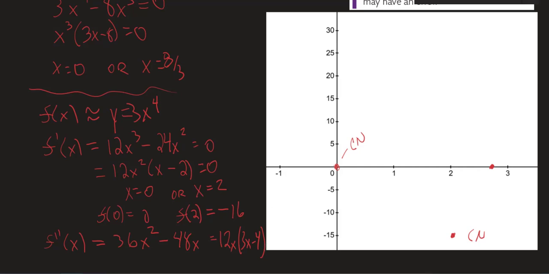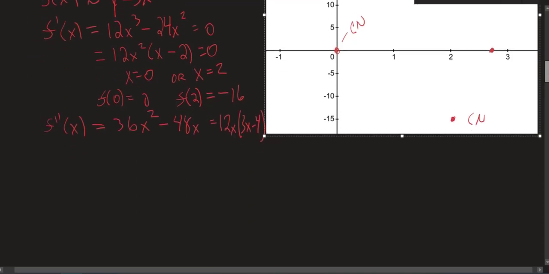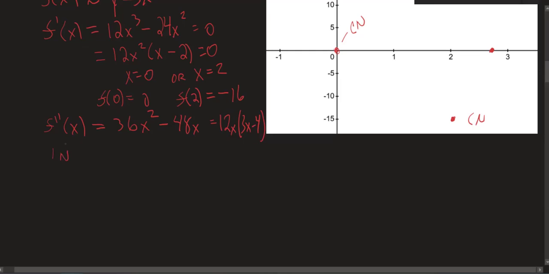Then step 4, we want to use the increasing decreasing function test to identify the intervals on which f is increasing or decreasing. So what we're going to do here is set up some intervals. So the derivative was equal to 0 at x equals 0 and 2. It was never undefined. So we're going to set up some intervals here.